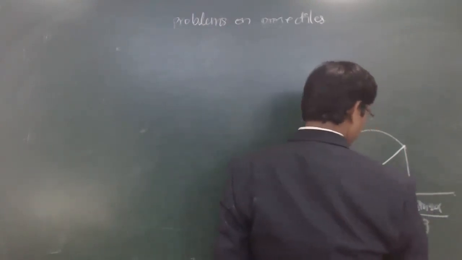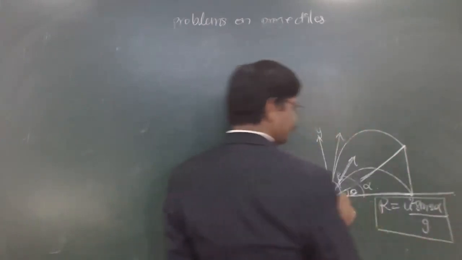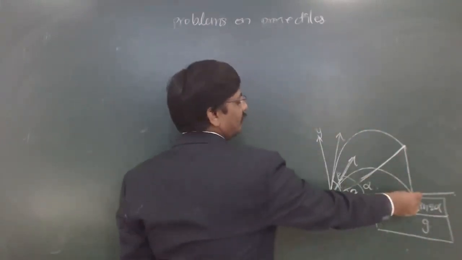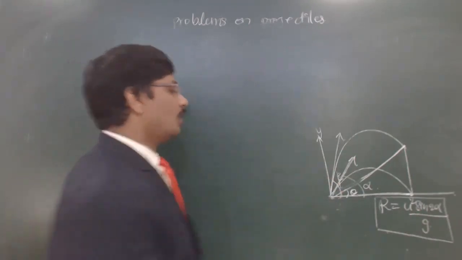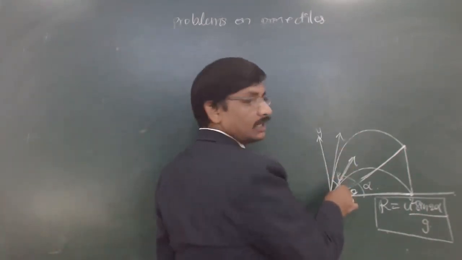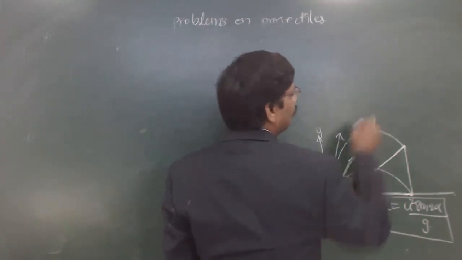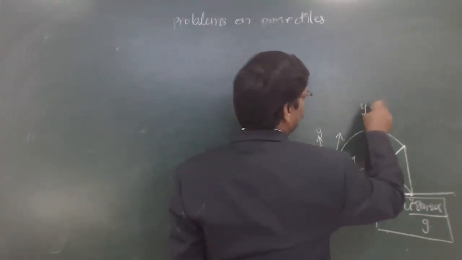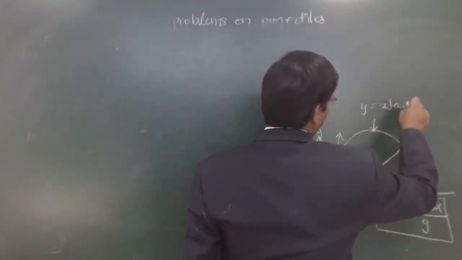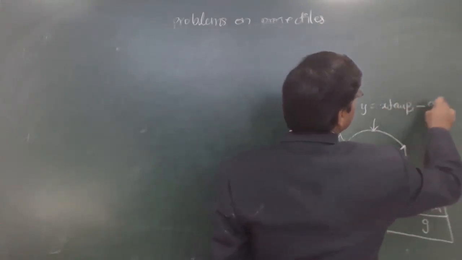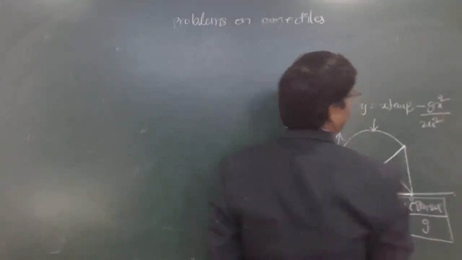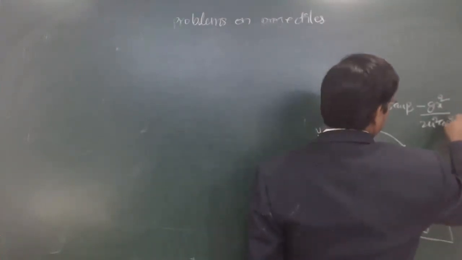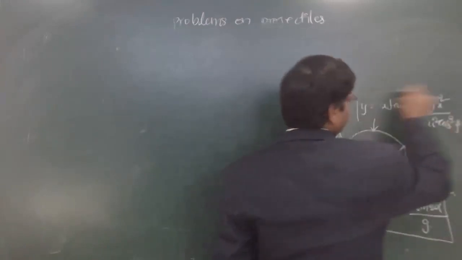So this is the range of the projectile if it is projected with an angle of alpha, hitting the foot of the tower. Now for the other path, projected at an angle of beta, we have the projectile equation y equals x tan beta minus g x square by 2u square cos square beta.